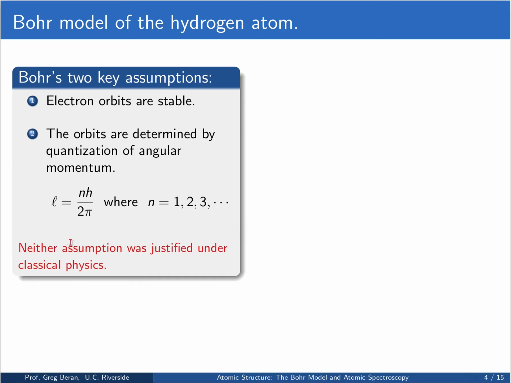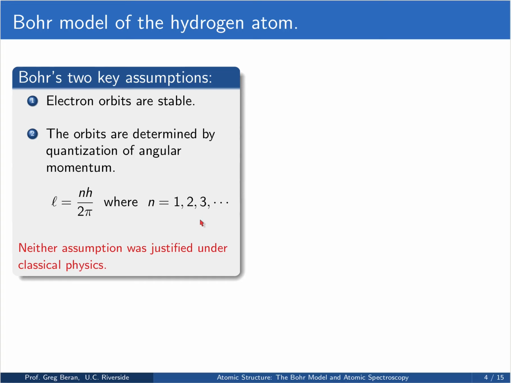So only specific values of the angular momentum L were going to be allowed: those that were n times h over 2 pi. Here h again is Planck's constant. 2 pi factors occur a lot when dealing with angular quantities, and n are these integers, 1, 2, 3, etc., that are doing the quantization. Neither of these assumptions was justified under classical physics, but again, he was trying to build a model that worked, just like Einstein with the photoelectric effect, and Planck with black body radiation.